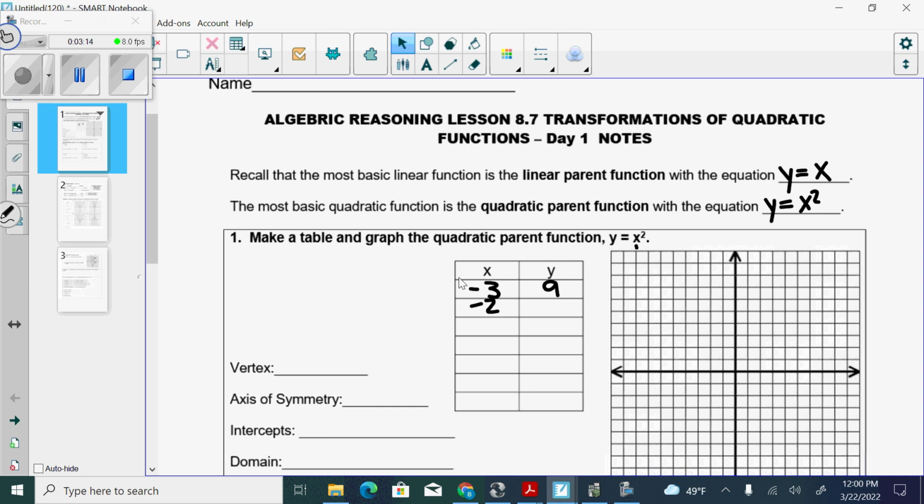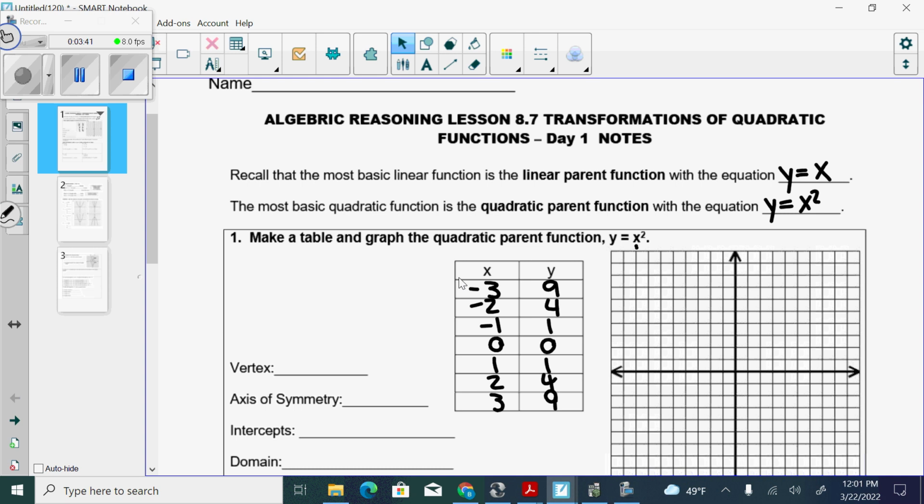If I put -2 in the x column, what do we have for y? 4. Right? What about -1? 1. Good. What about 0? 0. Good. What about +1? What about +2? 4. And +3? Very good. Okay, so I just pulled those from the table in our calculator.